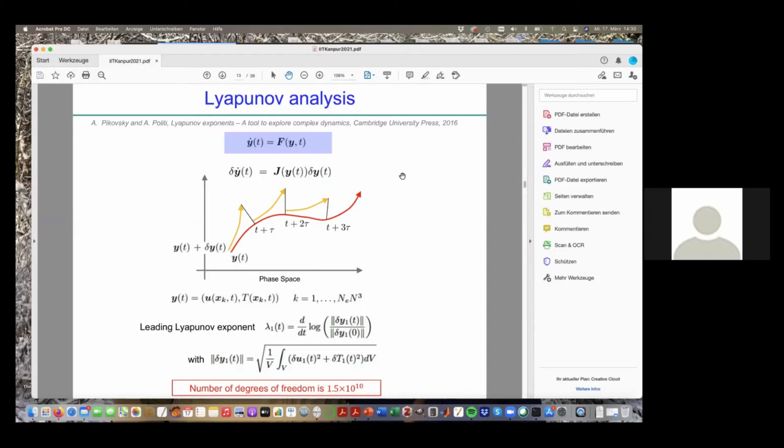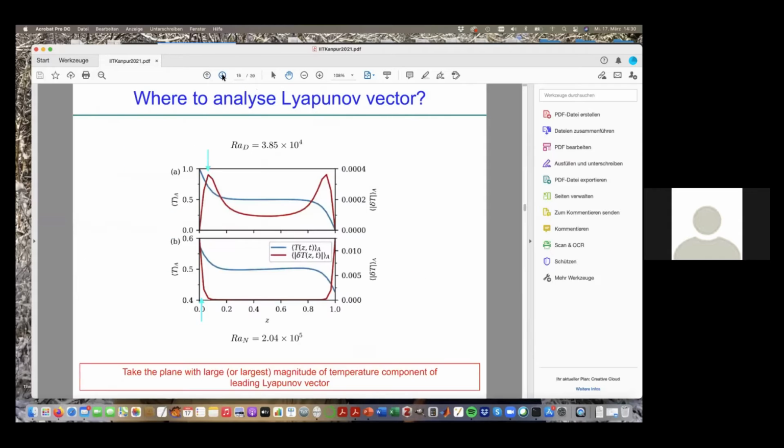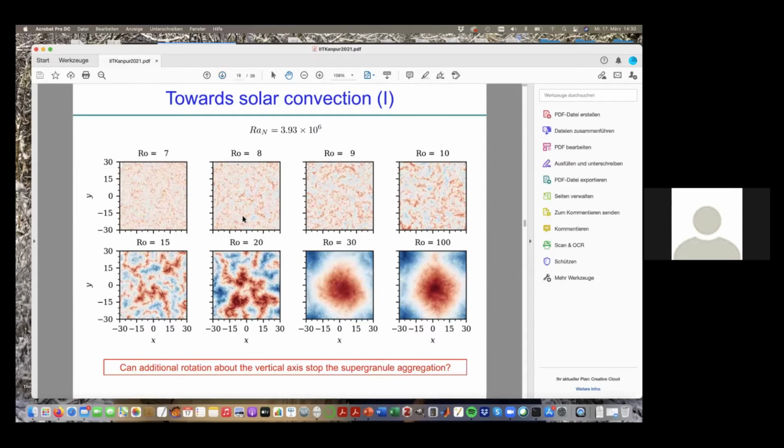You have shown in the superstructures that when you add rotation, it reduces the size of the superstructures, right? So I was just thinking, why not the Taylor columns which form when we add rotation? Will they help to actually increase the size of the structures? The Taylor columns are actually not very well visible, but they are here. This is full of Taylor columns, very, very small structures, and the reason is the rotation is already pretty strong here.